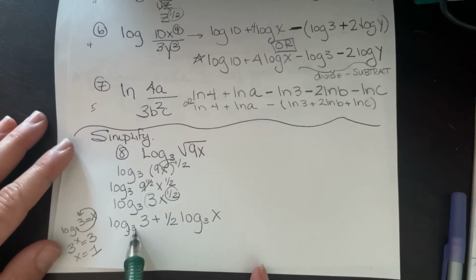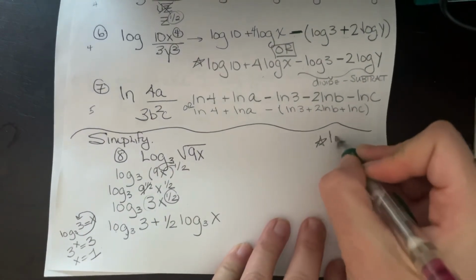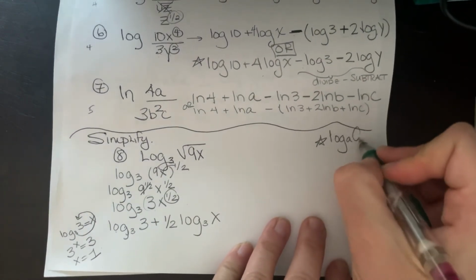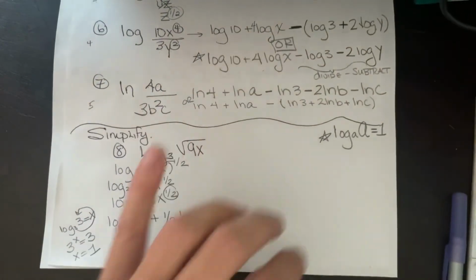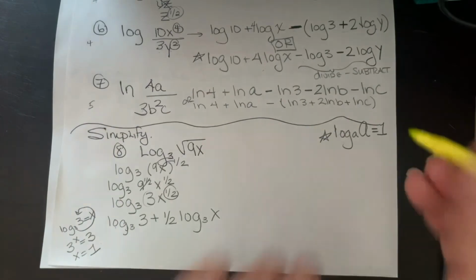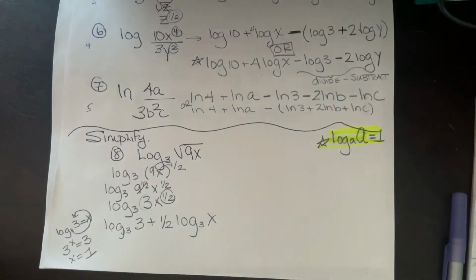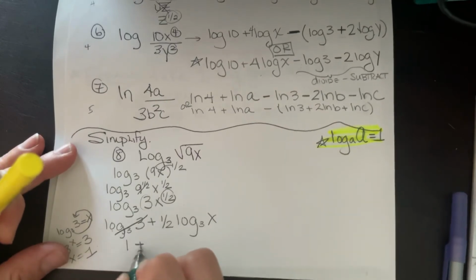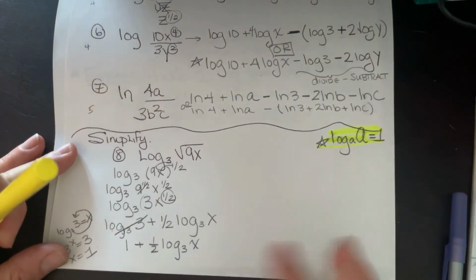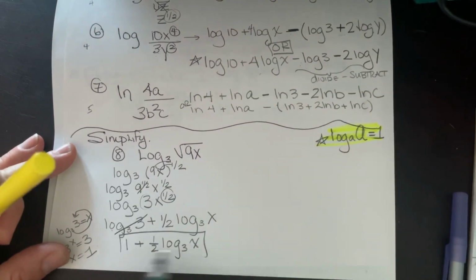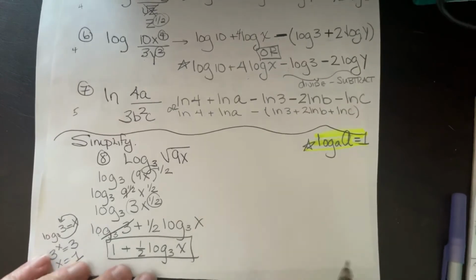So please make sure you're aware. If you want, I'll put it right here. You can have log a of a. As long as they are the same, it equals 1. So maybe make note of that. There you go. So this answer becomes 1 plus 1/2 log 3 of x. Done. One more problem like that, and then I'm going to show you your last 2-ish things.